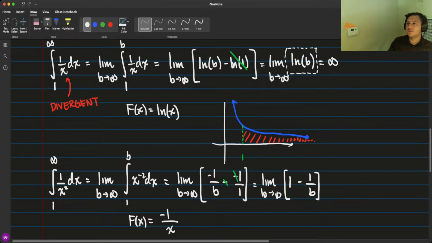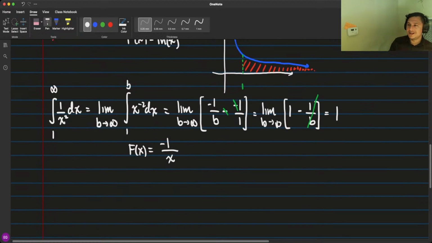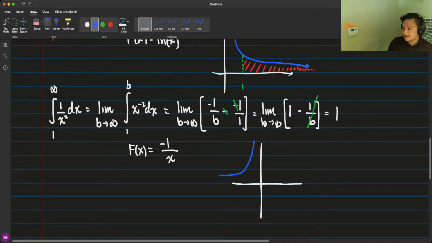Now, as b goes to infinity, what happens to this 1 over b term? So what's the whole limit equal to? 1, which is super cool. This is telling you that if you look at that function, 1 over x squared, which looks super similar to 1 over x, looks like this, right?